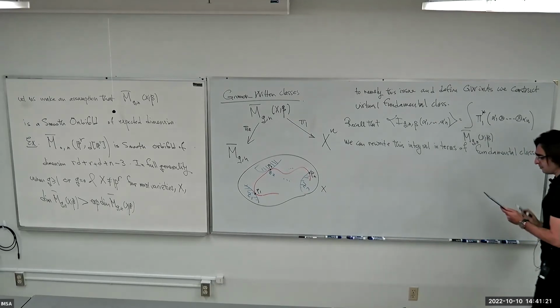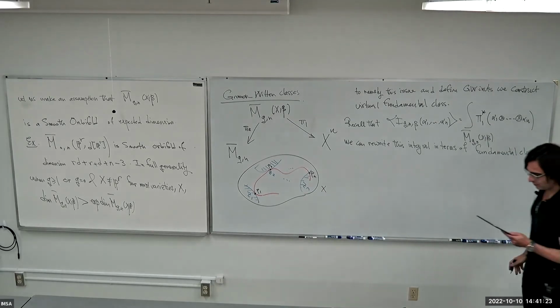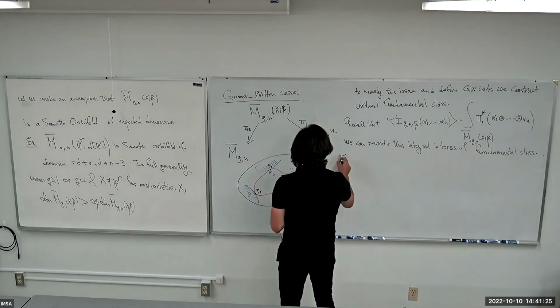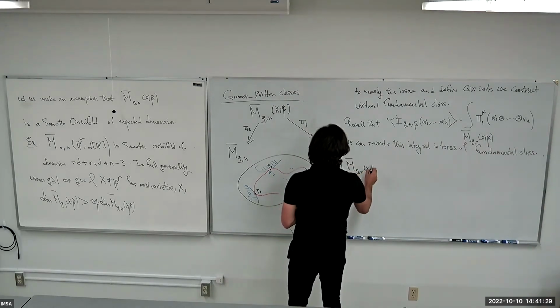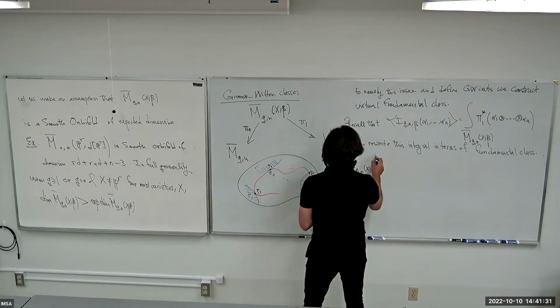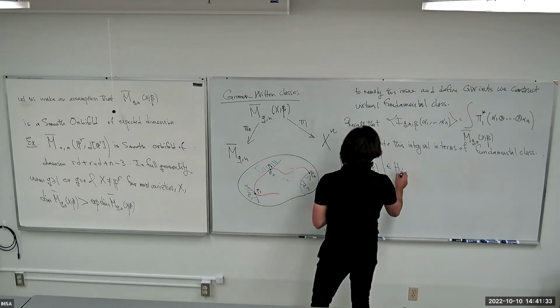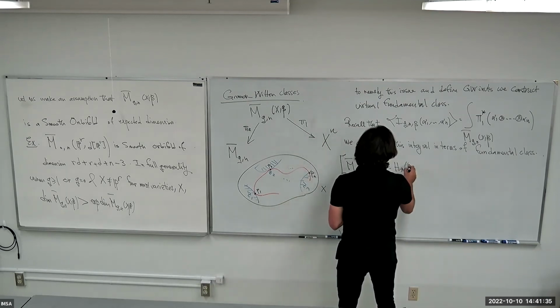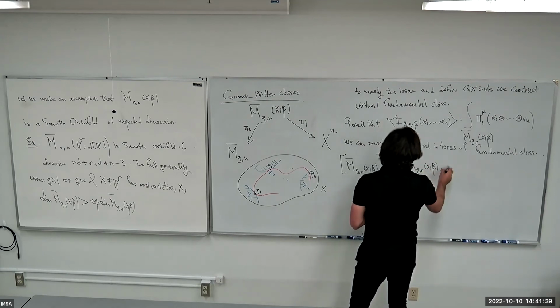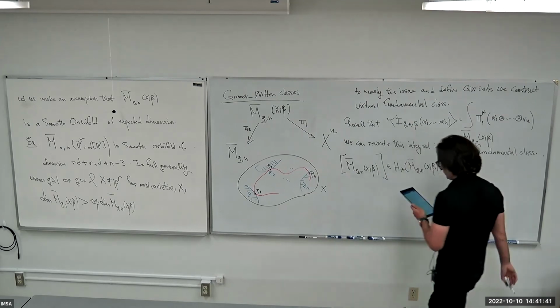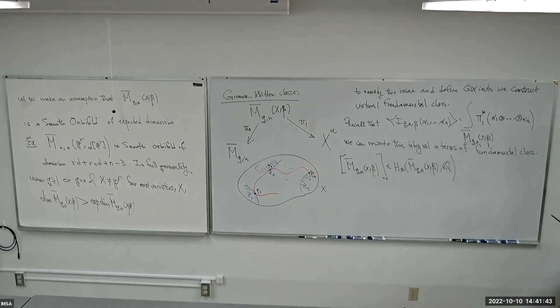That's what it means anyway. Okay? So the fundamental class of M bar g,n X, beta lives in the homology theory of M bar g,n X, beta with rational coefficients.